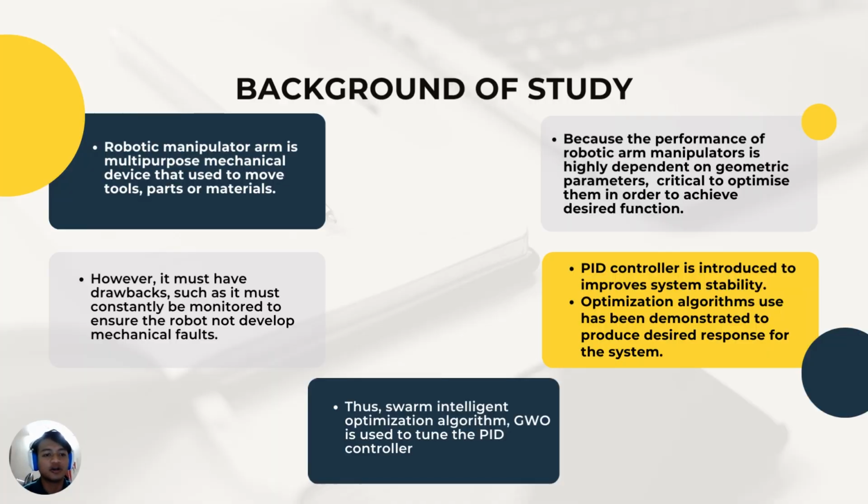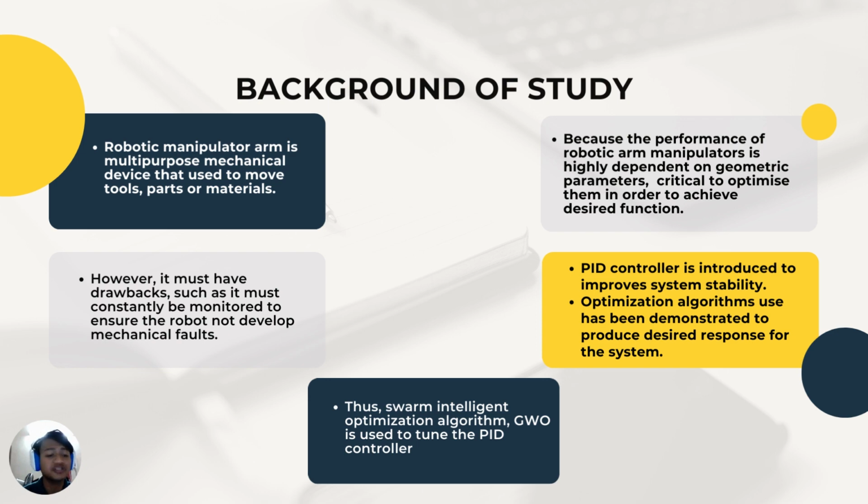Background of the study: a robotic manipulator arm is a multipurpose mechanical device that is used to move tools, parts, or materials. Because the performance of robotic arm manipulators is highly dependent on geometric parameters, it is critical to optimize them in order to achieve the desired function. However, it has drawbacks, such as it must constantly be monitored to ensure the robot does not develop any mechanical faults.